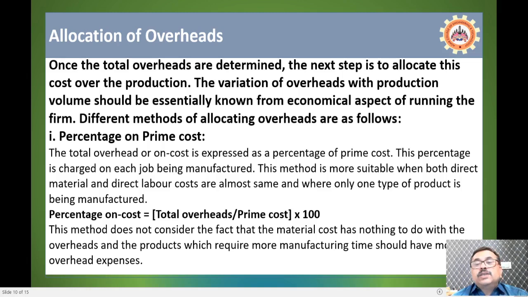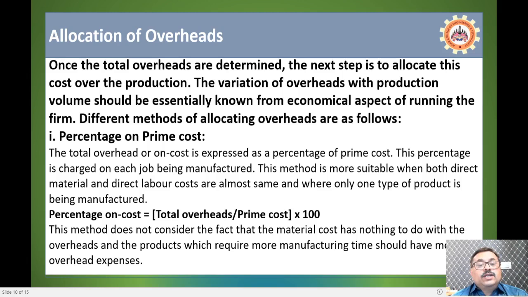This method is more suitable when the direct material and the direct labor cost are almost the same, and where only one type of product is being manufactured, and that will be calculated as the total overheads divided by the prime cost into 100, which will give you the percentage on cost.